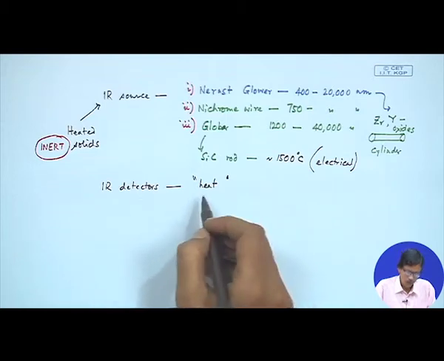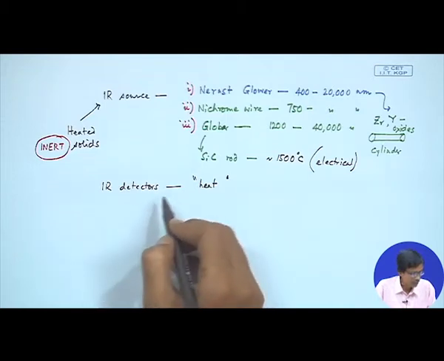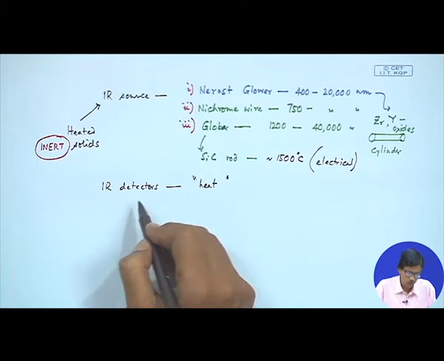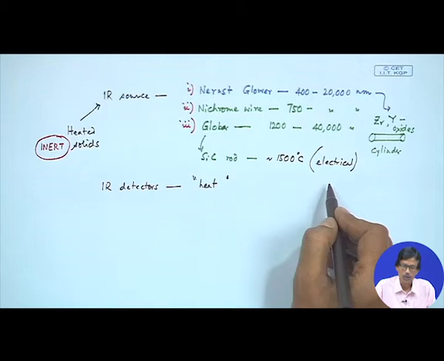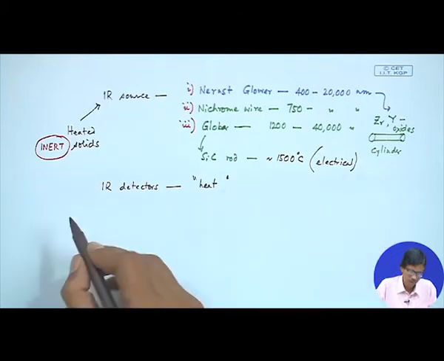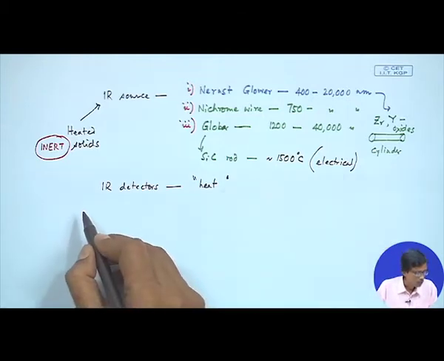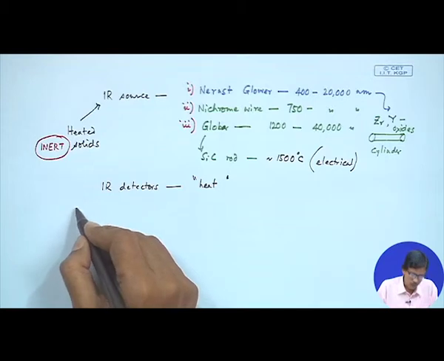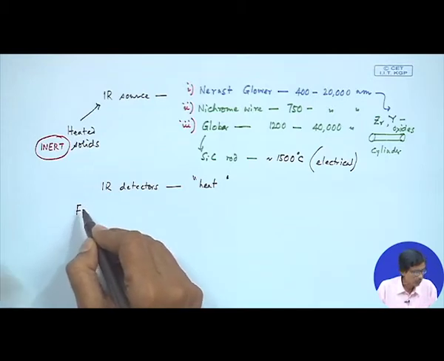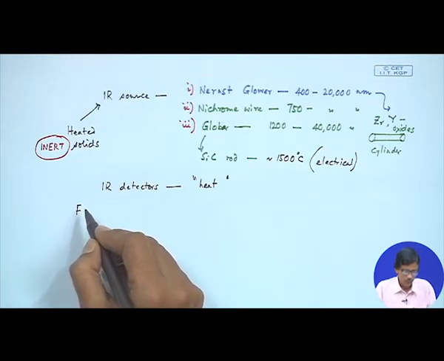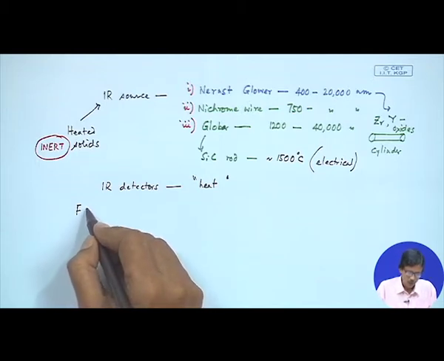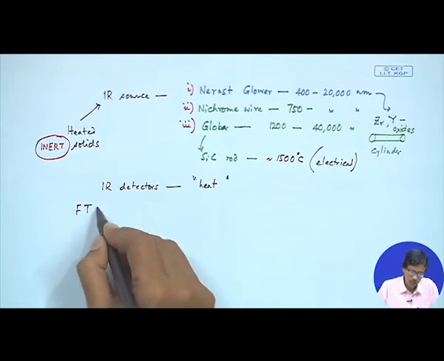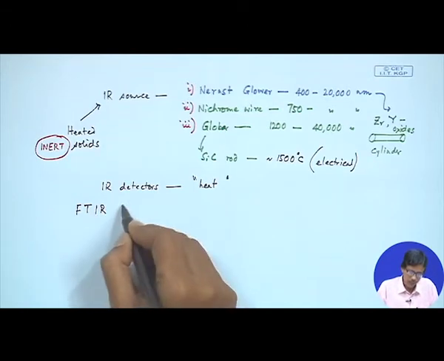This should have a corresponding detection mechanism, which can detect the energy coming out from the sample under analysis. Basically, we can go for a spectral technique which we consider as the Fourier transform IR spectrometer.